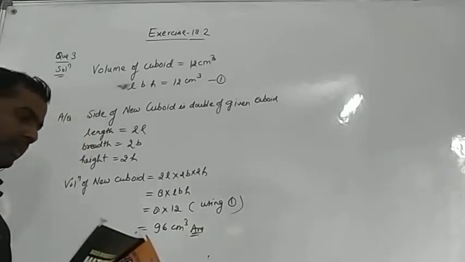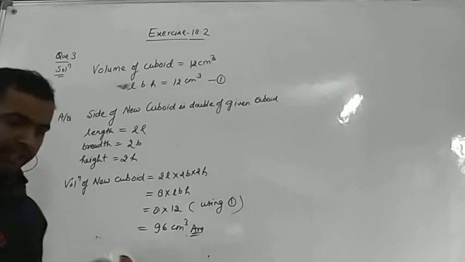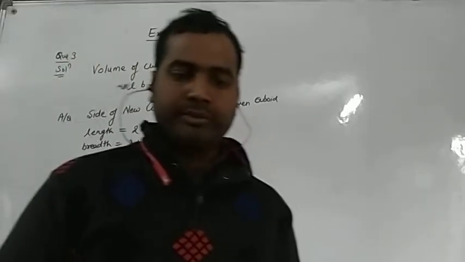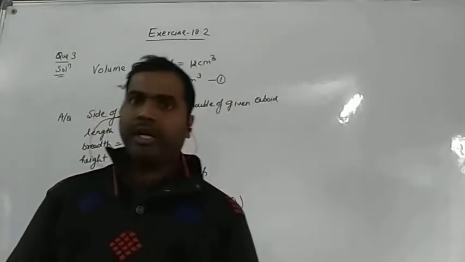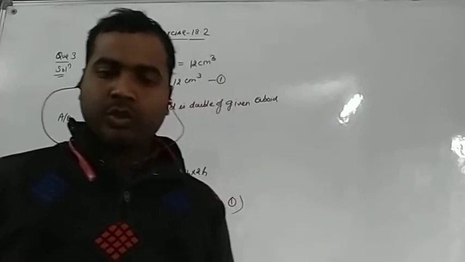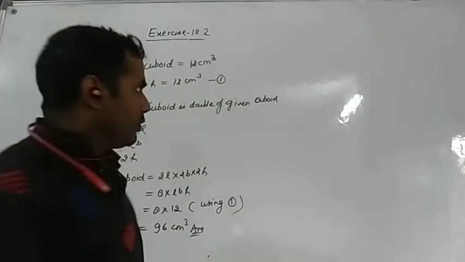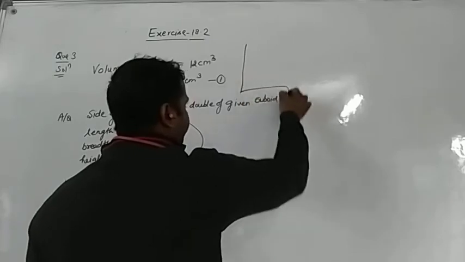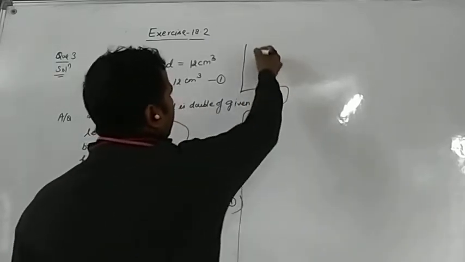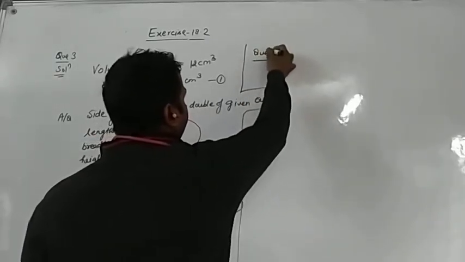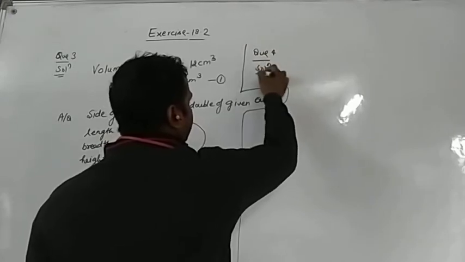Question number 4. If the volumes of two cubes are in ratio 8 to 1, then find the ratio of their sides. Solution.